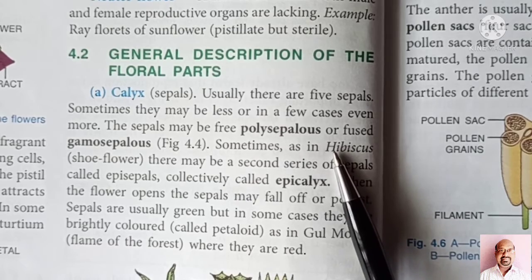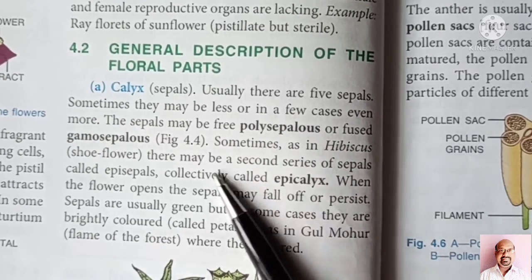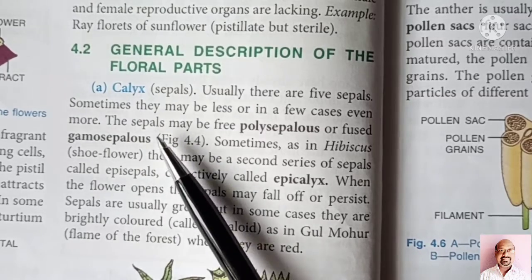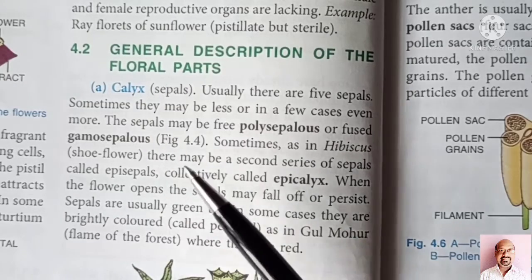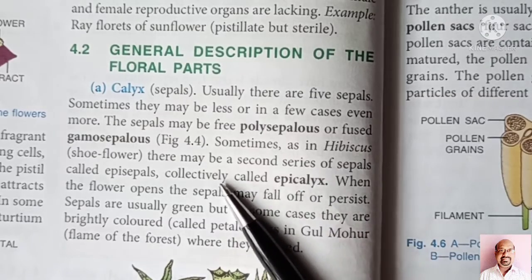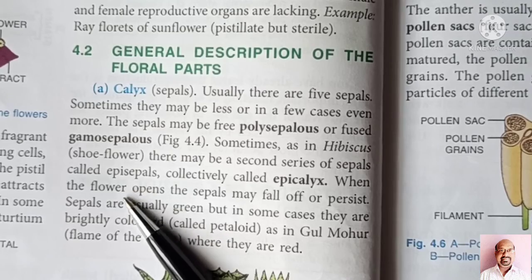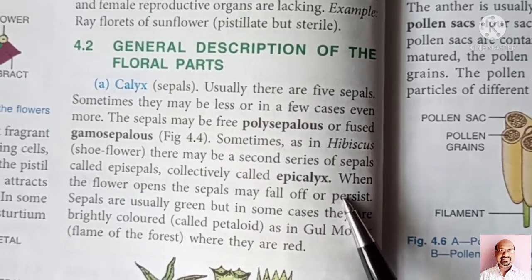If they are found in a fused state, then they are called gamosepalous. In some cases, sepals grow over the sepals. That time the sepal is called episepal, and all the episepals collectively are called epicalyx.